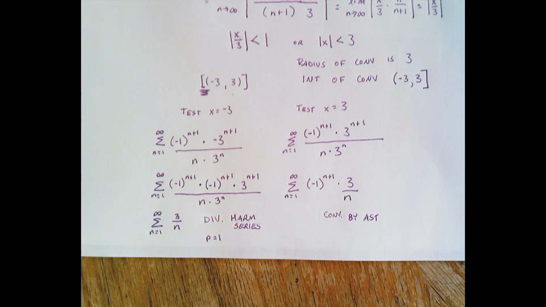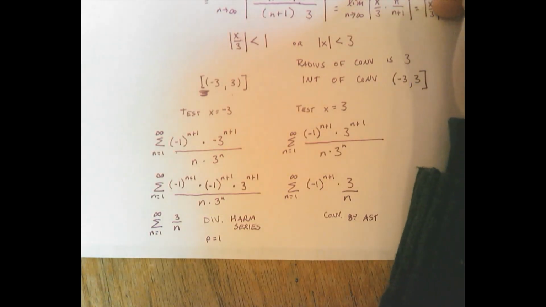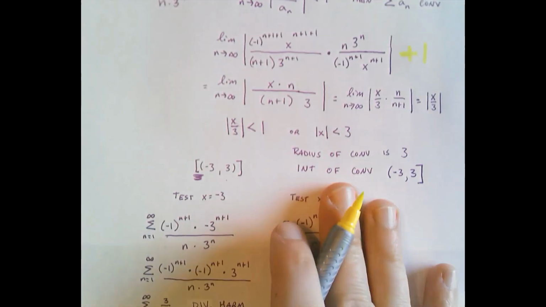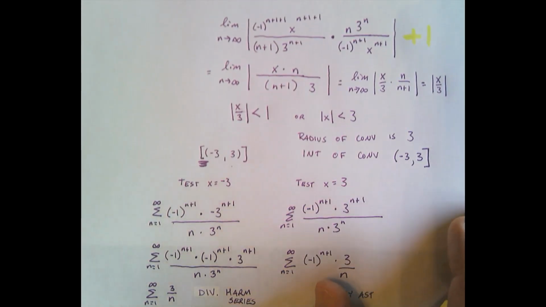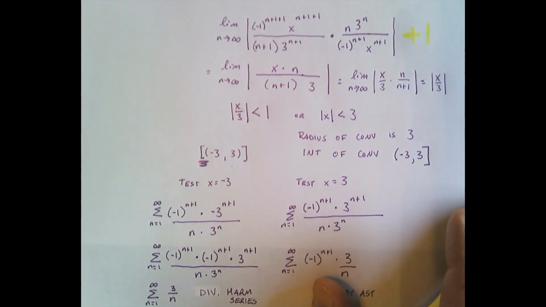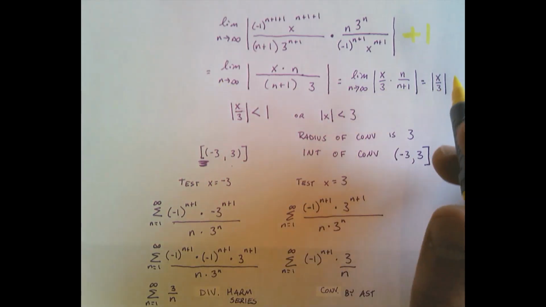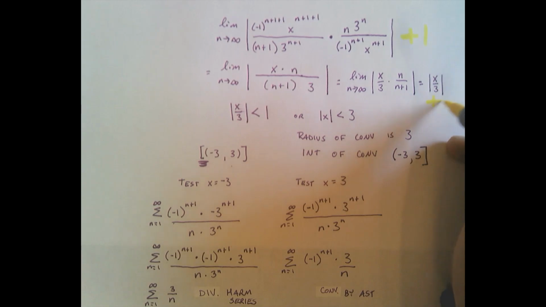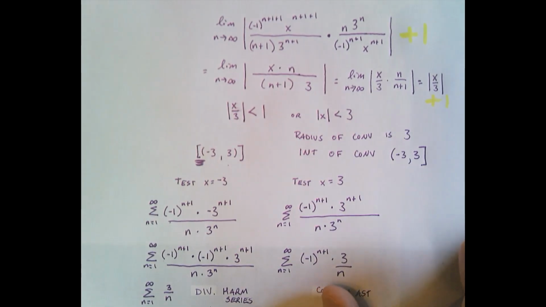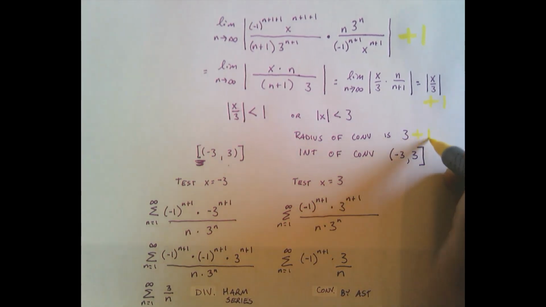Okay. So by this approach, there's 5 points, and the first point comes from setting up the ratio. The second point comes from setting up and computing the limit of that ratio. So we went through this process of computing the limit of the ratio and arriving at the absolute value of x over 3 would be your next point. Your third point comes from recognizing then that the radius is 3.